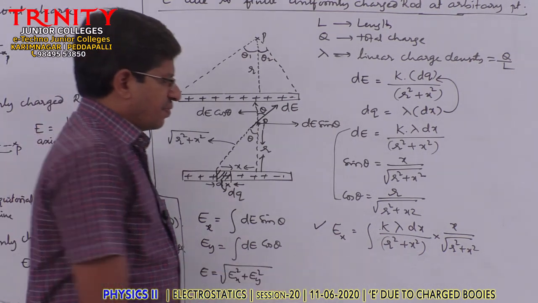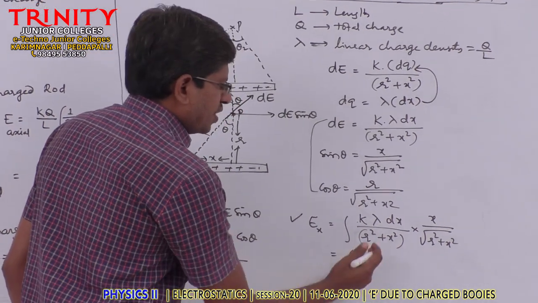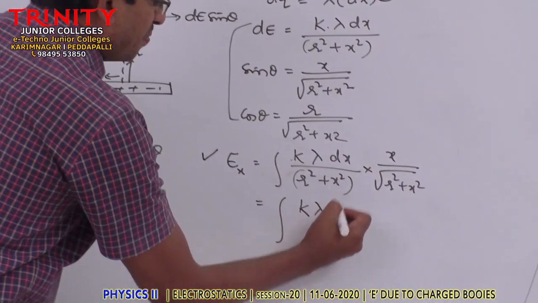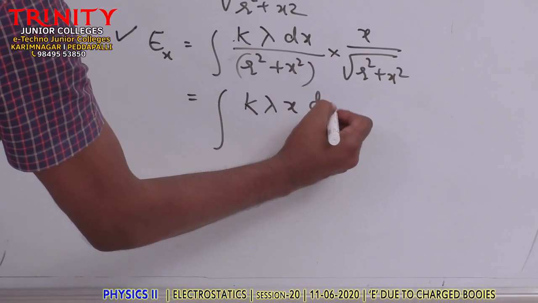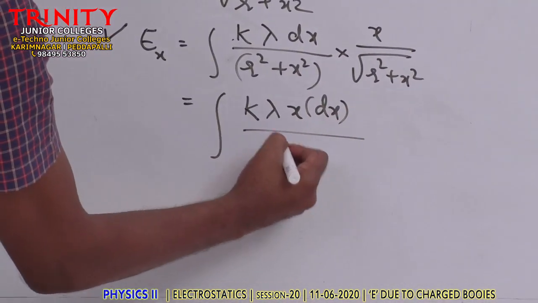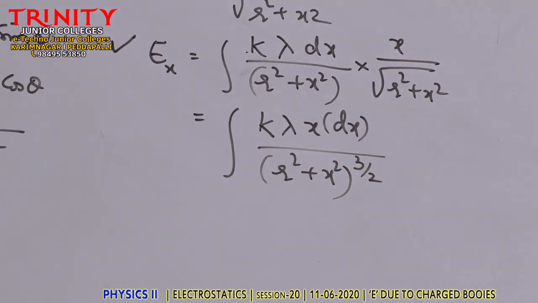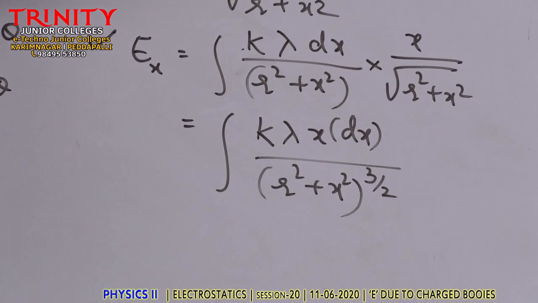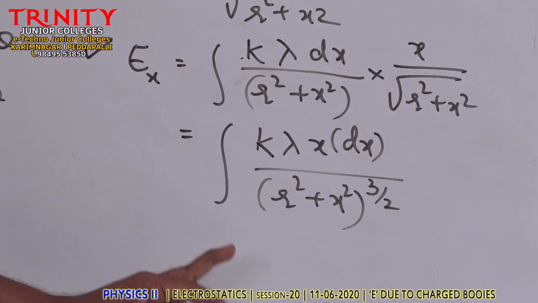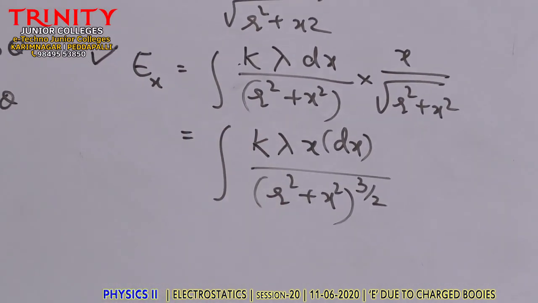If you simplify this, k lambda, you can write x dx by r square plus x square to the power of 3 by 2. Lambda you can always substitute as Q by L. That is a constant.